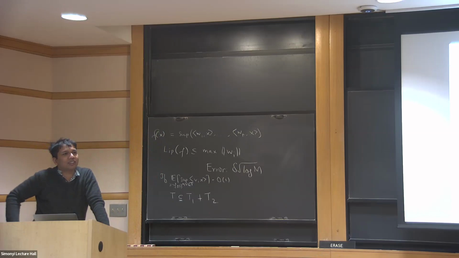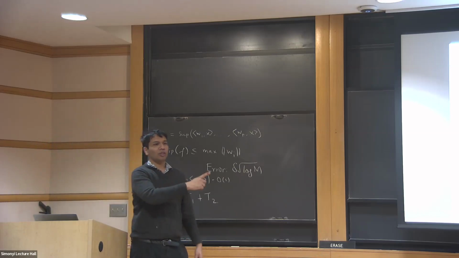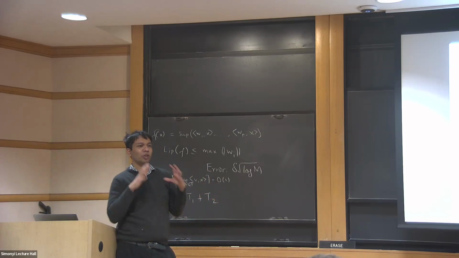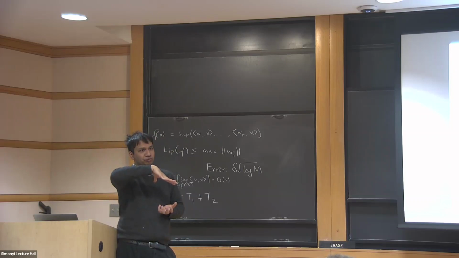What was your original motivation for studying this? Oh, the original motivation for studying this was the application I did not mention. We were thinking about asking this question, whether every constant width polytope can be approximated by a polytope in few dimensions over the Gaussian space.